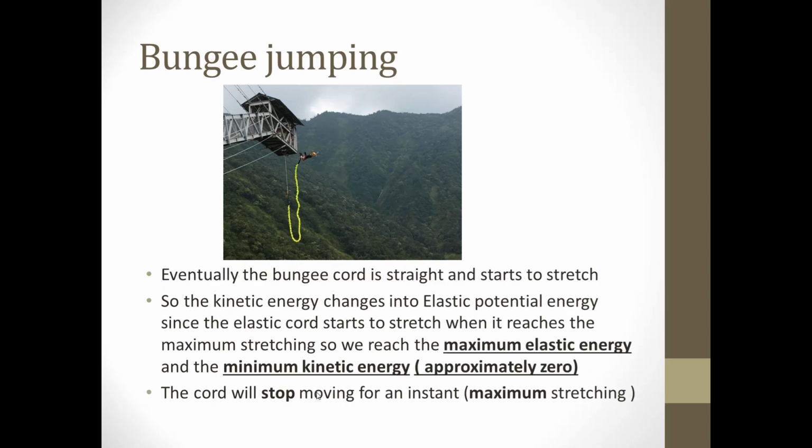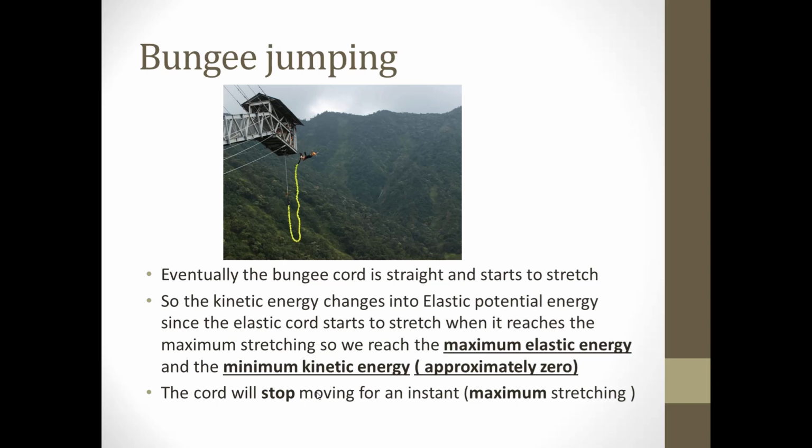Okay, eventually the bungee cord is straight and starts to stretch. Now the next step, the bungee cord is straight and starts to stretch, to elongate. So the kinetic energy changes into elastic potential energy. In this step, the kinetic energy is converted into elastic potential energy.